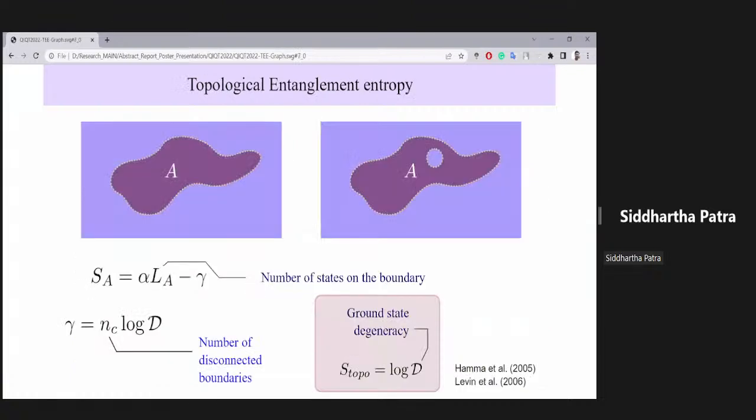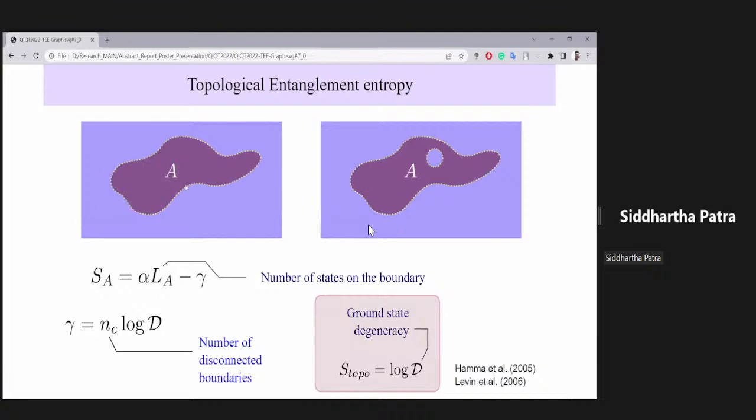Now, studying the entanglement signatures of such phases is a very important task. Such phases show very different entanglement properties. They show an area law, but along with the area law, there is a geometry independent piece. So let's say this square box shows the topologically ordered system.